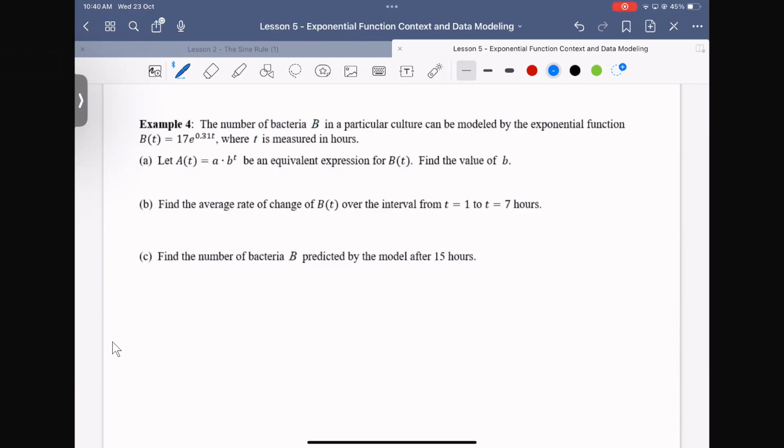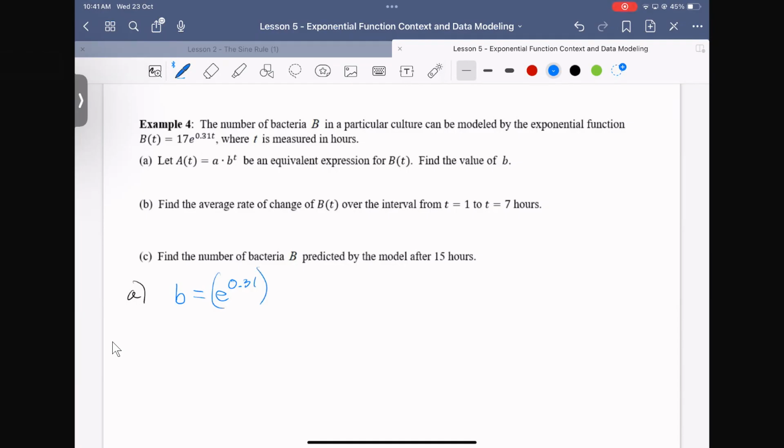So let's have a go at doing this now. We need to let a of t be in this form. So that means that in order to find the answer for b, we need b is going to equal e to the 0.31, like this. So we type this into our calculator.